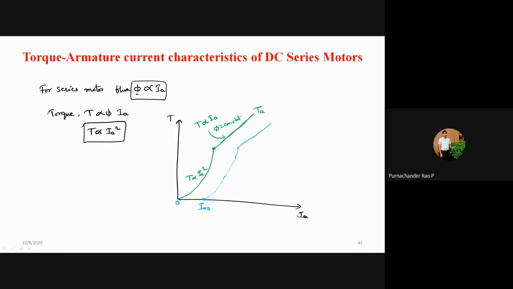Or you can represent this by a dotted line only. So this is your TSH. This is called the point of saturation. So this is also the point of saturation.